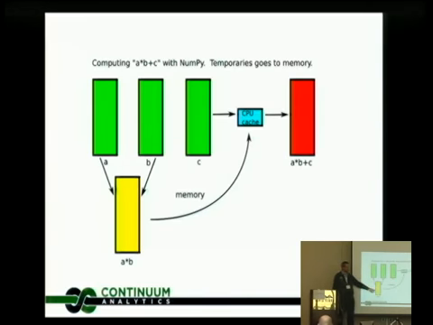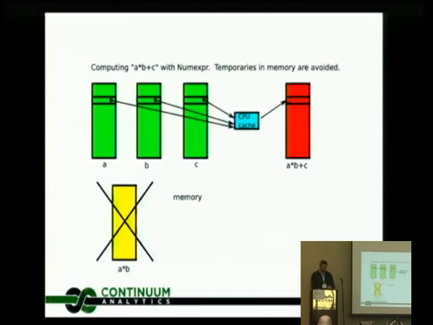This is a temporary, okay, in memory. And then use this temporary combined with C in order to create the final outcome that is in memory too. Okay? This is the way NumPy works.